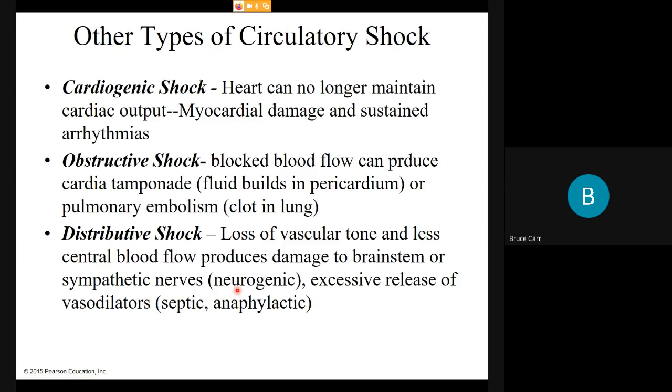That's called neurogenic shock. If there is an excessive release of vasodilators, it means that all of a sudden some part of the cardiovascular system is relaxing, so whatever pressure there is is expanding that, and it can produce septic shock or anaphylactic shock, both of which are dangerous.